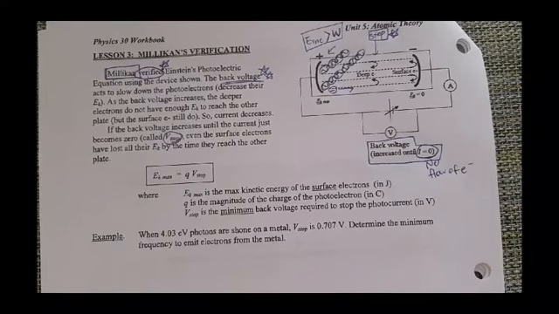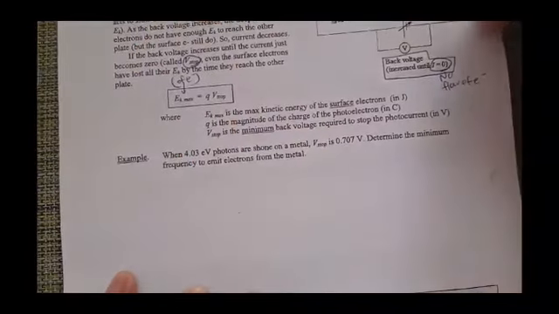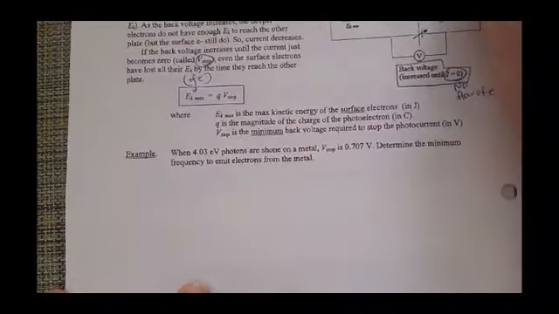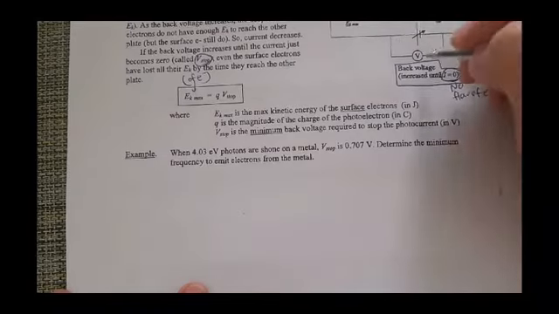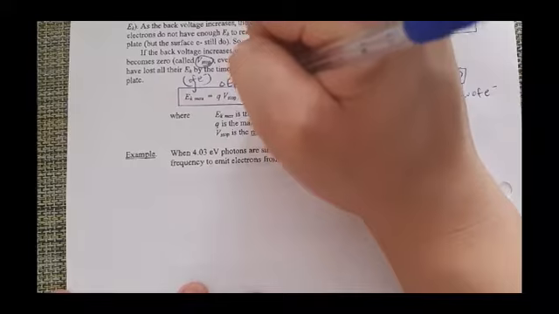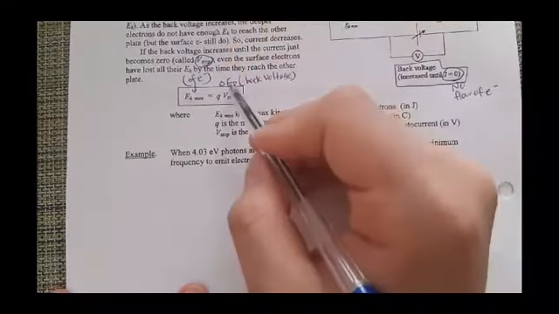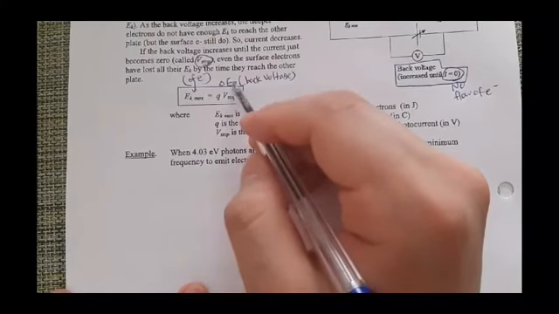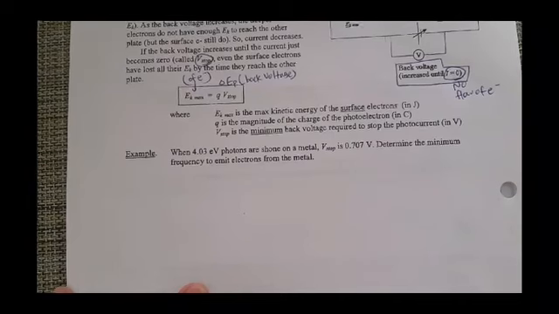So there's an equation. If the kinetic energy of the electron that is shooting from the cathode is calculated to be equal to the potential energy, but it's the back voltage potential energy, then if you remember delta EP, we learned that in Unit B, EP is equal to QV.